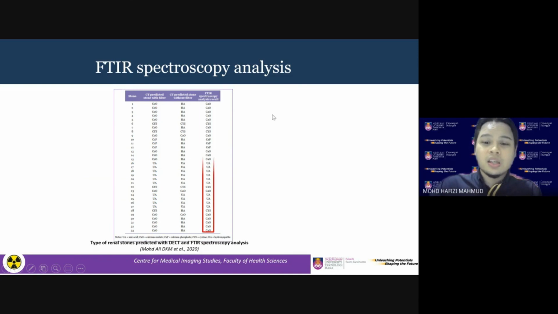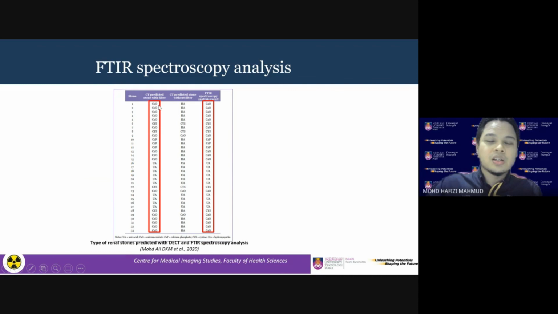Our findings show all of our samples were matched with FTIR. For example, for the first sample, dual energy CT with filter detects calcium oxalate, and similarly calcium oxalate in FTIR. You can see here they are all similar.